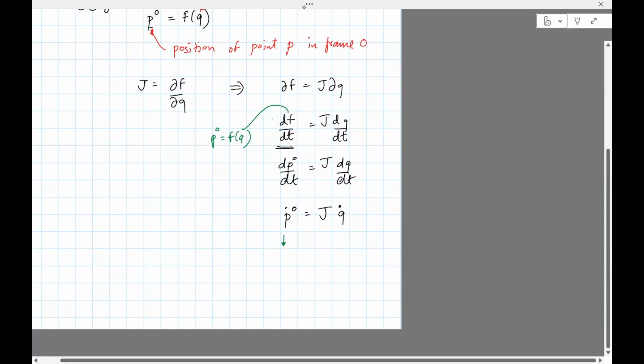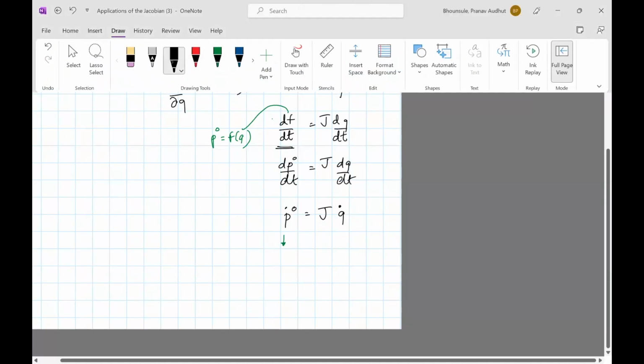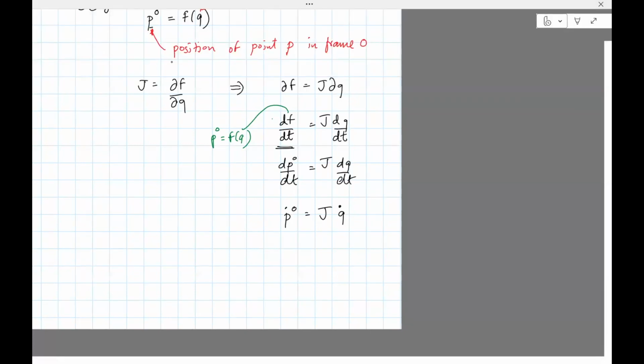So what sits in P for two-dimensional problems is something like x dot, y dot, right? We write it as x dot p0, y dot p0. That's pretty much what P is.